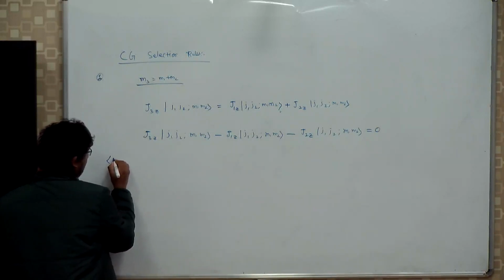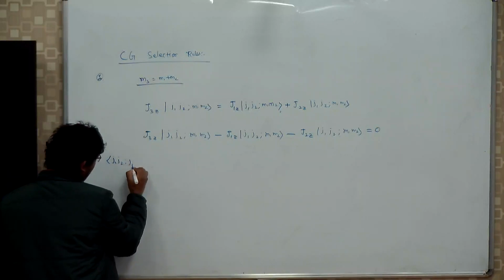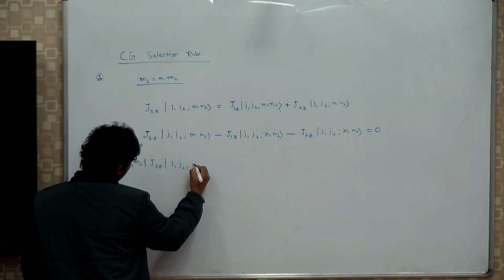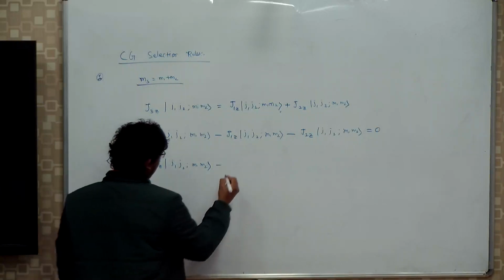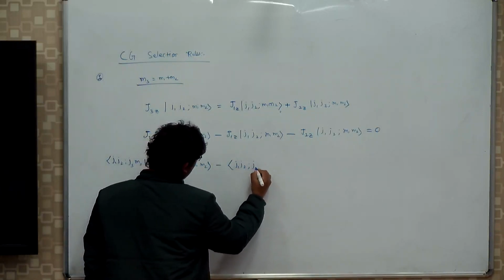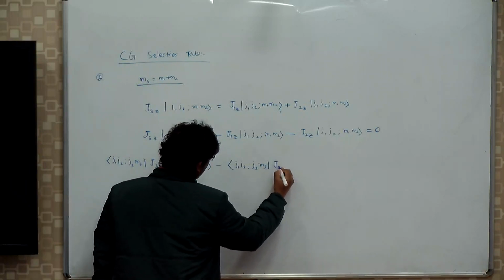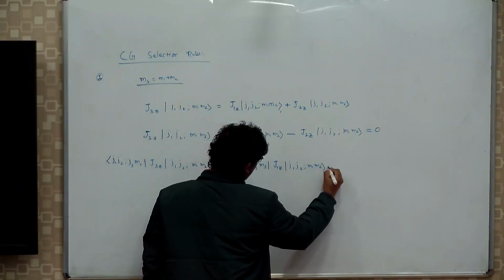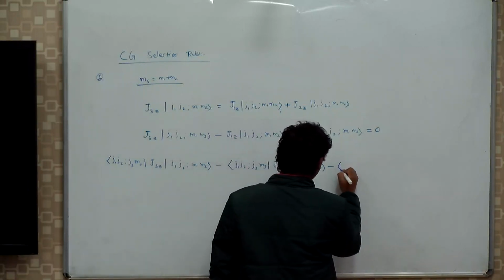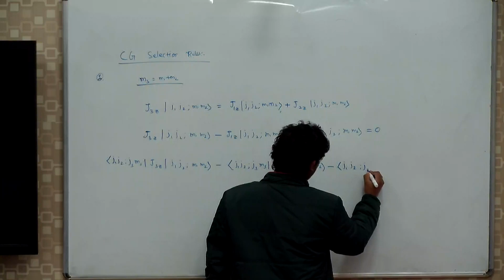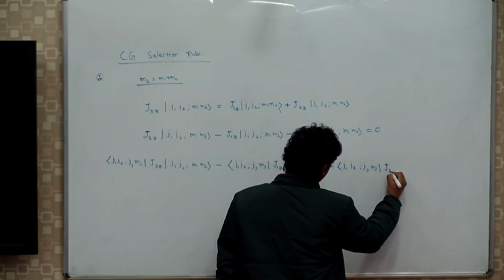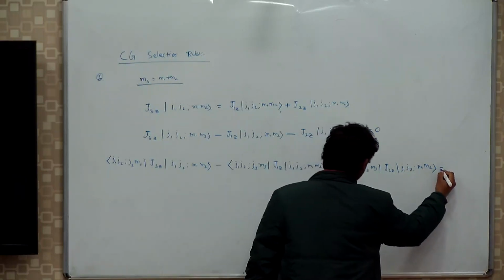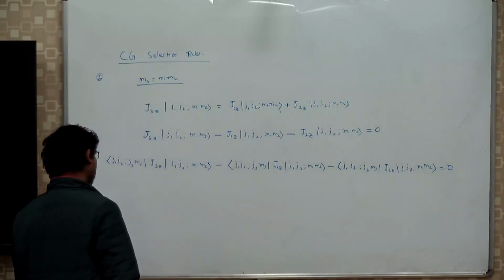Then <J1, J2, J3, M3| J3Z |J1, J2, M1, M2> minus <J1, J2, J3, M3| J1Z |J1, J2, M1, M2> minus again <J1, J2, J3, M3| J2Z |J1, J2, M1, M2> is equal to 0. No problem.